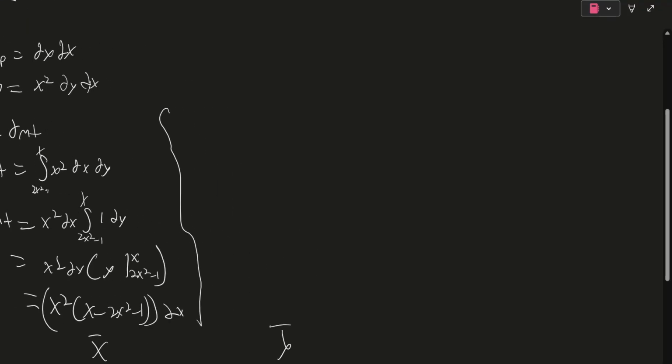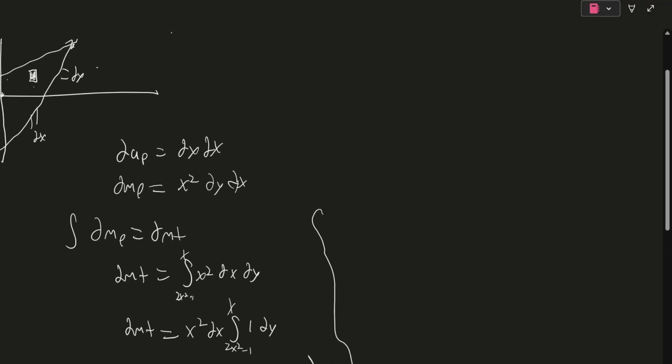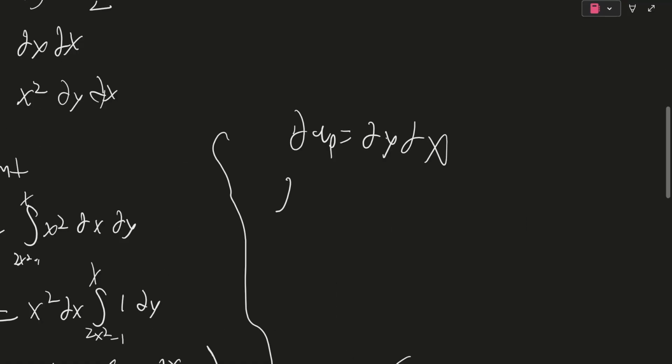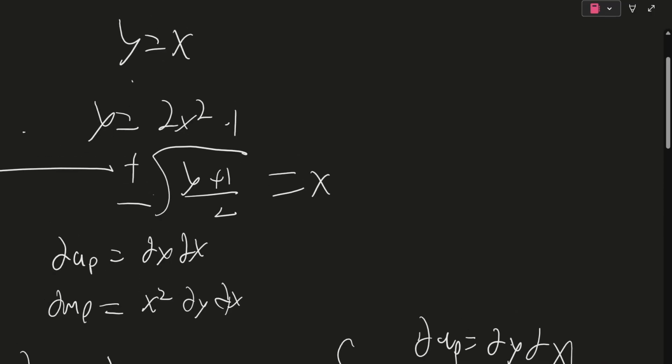For our y bar, we're going to do things a little bit differently. We're going to want to integrate our little dA of a point. dA of the point is equal to dy dx. That brings us to dm of the point is equal to, we'll actually look a little bit at our function for this.